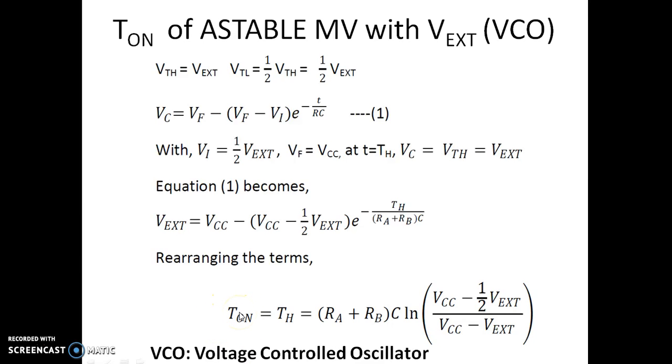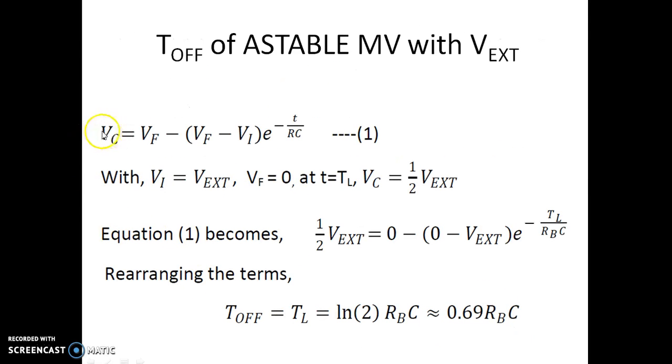Let us also have a look at the expression for the off time. Again, we have the same expression for VC, and we need the initial voltage of the capacitor while finding the off time. While finding the off time, the initial voltage will be V external, and the final voltage will be 0 volt.